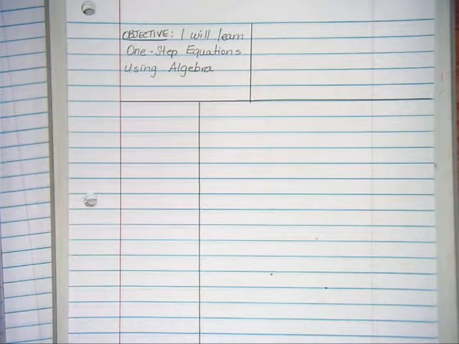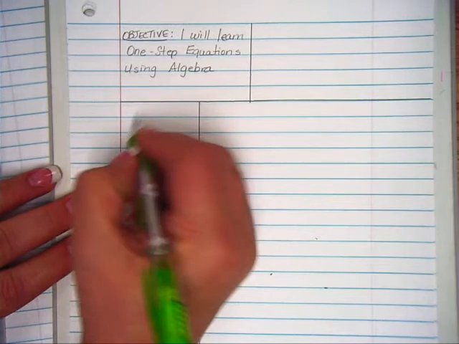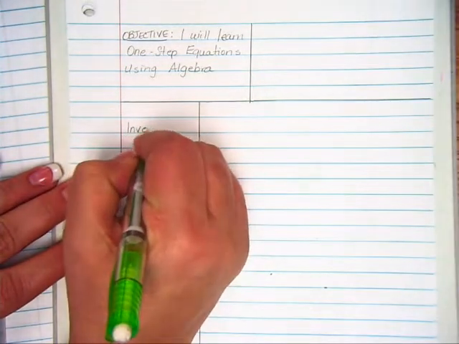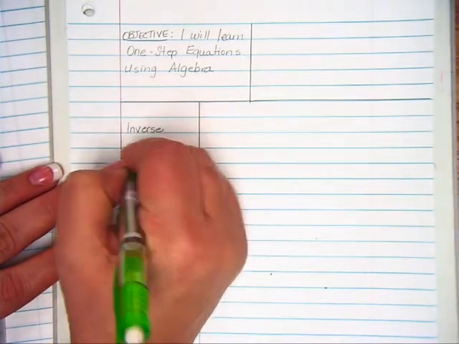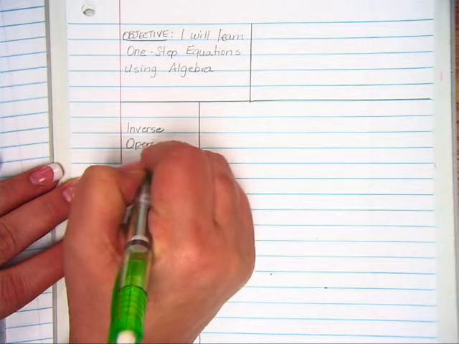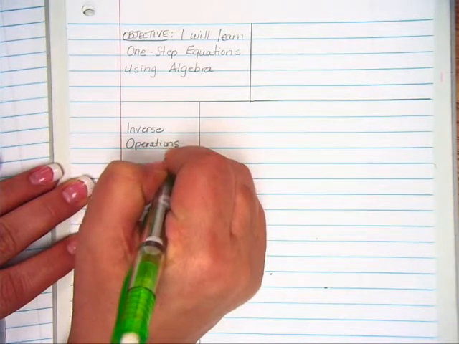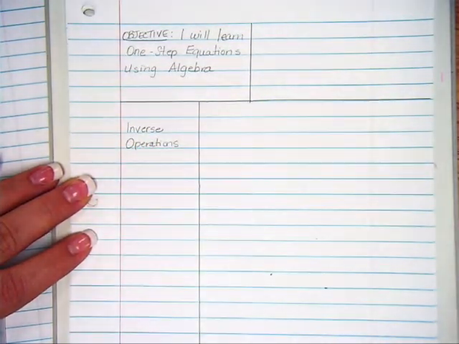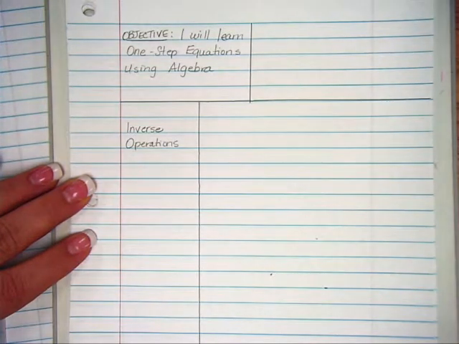All right, there are a few vocabulary words that we need to know to be able to use them in solving these equations. So let's get those down first. And the first one is inverse operation, or operations. Okay, what does the word inverse make you think of? Like inverting. What is to invert?